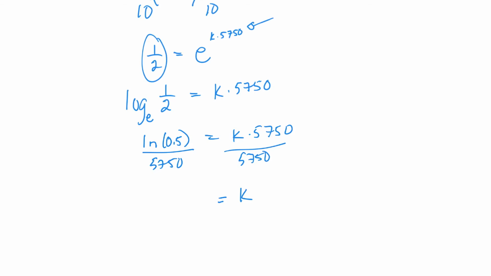Okay, so from that I get negative 0.0001205 and some other stuff. So that's my k value. That's how much the substance, the radioactive thing, is decaying by. And it's negative, so it's going down, so that's good.